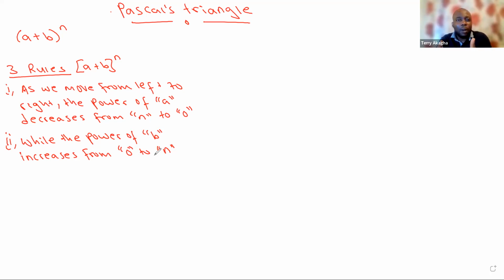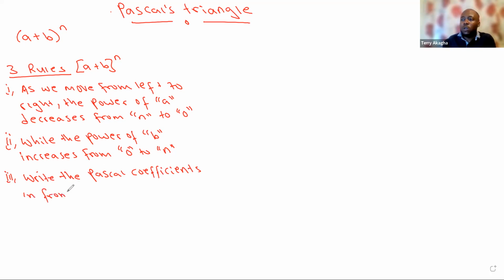So after the power of a decreases from n to 0, and the power of b increases from 0 to n, you then write the Pascal coefficients in front of each of the terms, in order.